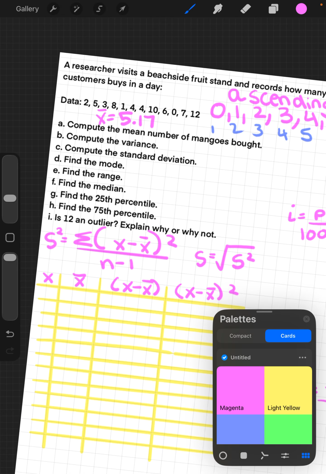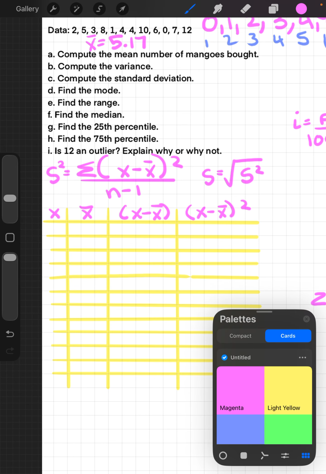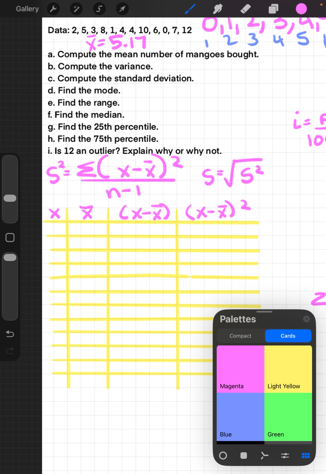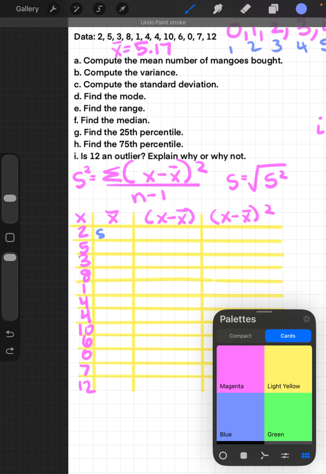To find the variance, I already wrote down the formula for the variance and standard deviation, and we can just fill out the chart. And you don't have to put it in ascending order. That was for the percentiles later on. And then our mean was already 5.17.